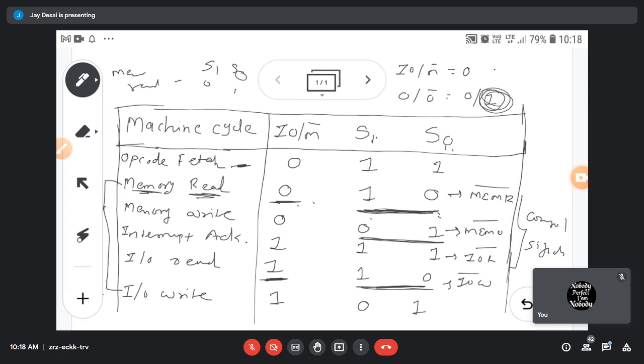Anyone? Understand clearly? See, if you comment, I will not see it because my screen is shared, so I cannot see your comments. So you have to unmute yourself and ask me. Any doubt? Okay, so write this table.